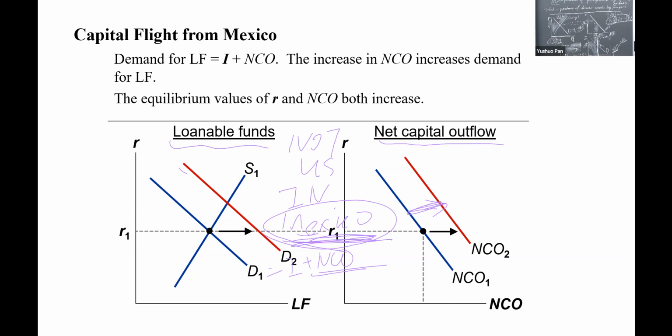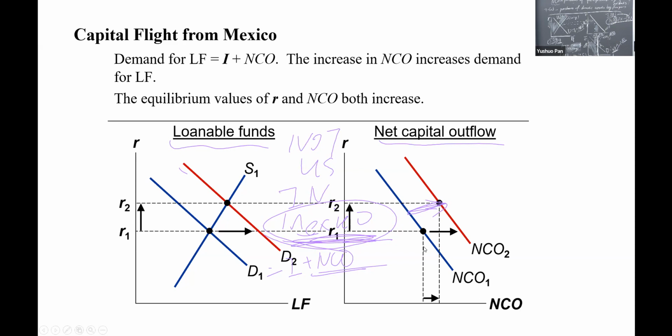So the demand curve in the loanable funds market in Mexico is going to shift to the right-hand side. So the equilibrium value of R, the real interest rate, and the NCO both increase. That's the new intersection. And as R increases, the NCO also increases.